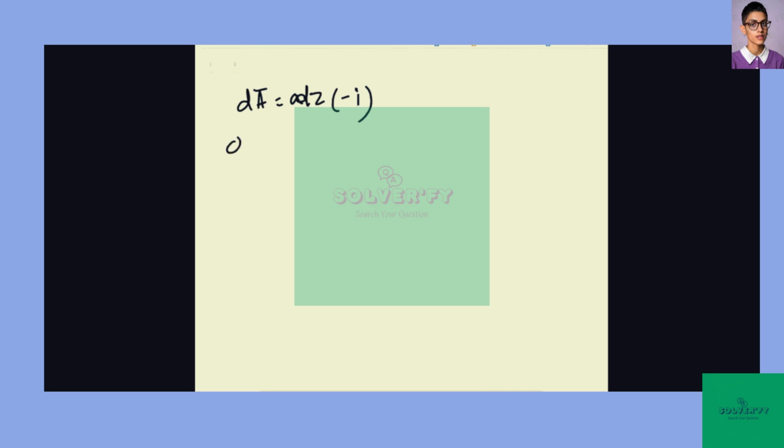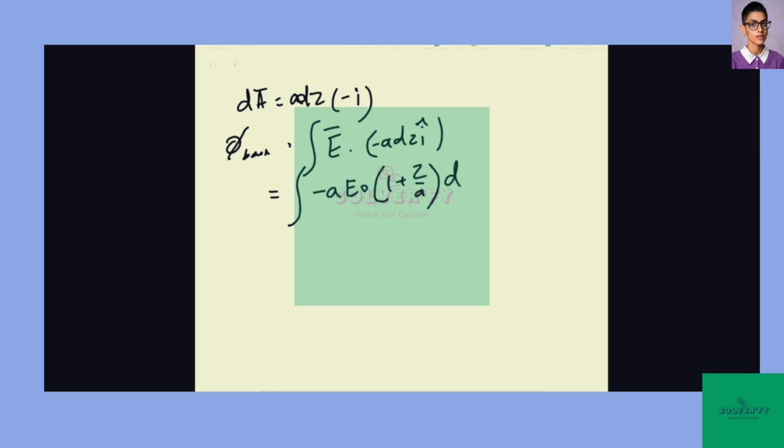This means the flux through the back surface will be the integral of E dot minus a dz i hat, which will be the integral of minus a E naught (1 plus z by a) dz, from 0 all the way to a.